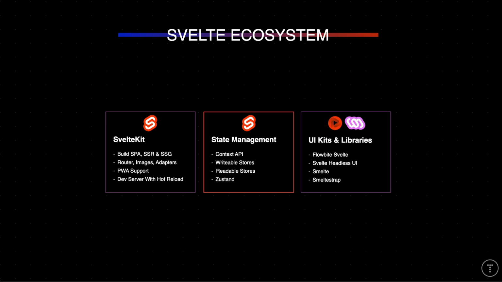Of course, if you want, you can use a third-party state manager, but I think for most types of applications, the built-in functionality is really all you need. And there's also a bunch of UI kits like Svelte Strap, which is a port of Bootstrap for Svelte. There's Carbon Components, which is a port of IBM's Carbon Design System, as well as Flowbite and some others. So the way that Svelte does it, I think, is the way to do it. Just have everything bundled in a single official meta framework.